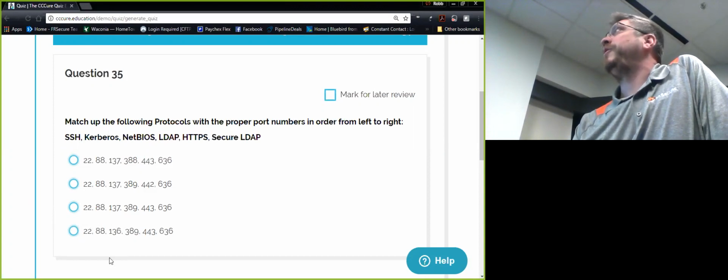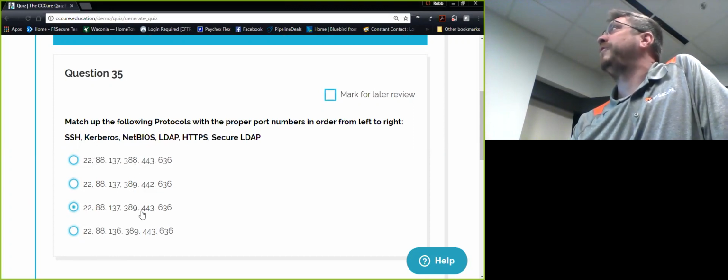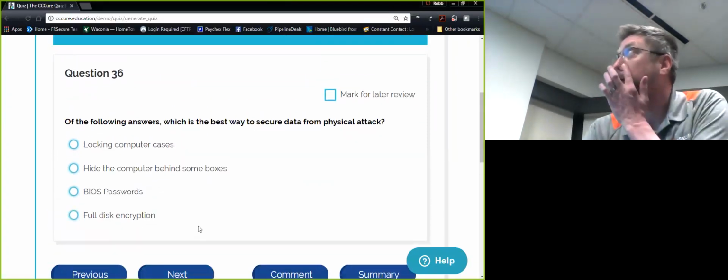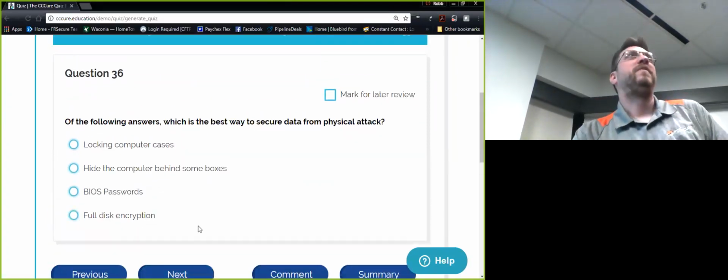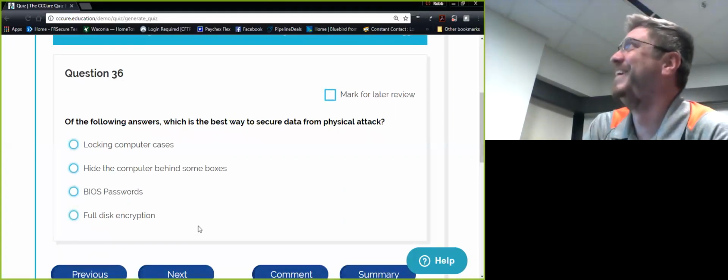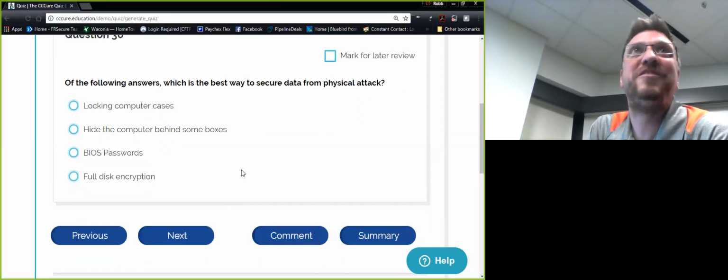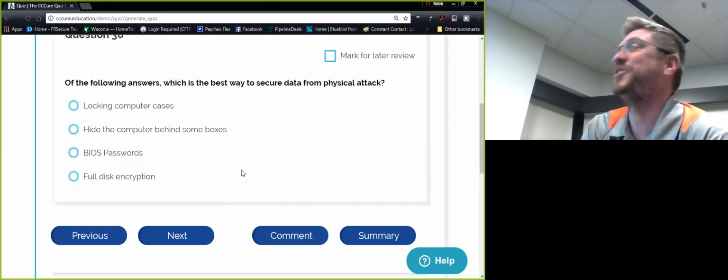SSH is 22. Oh, that's all the same. Kerberos is 88. It's the same. NetBIOS is 137. Oh, well, that one's out. LDAP is 389, so that one's out. HTTPS is 443, so it's got to be that one. Did you guys all agree? Sure. Yeah, I didn't even notice there was a difference between all four lines until. Yeah, it starts to blur together.